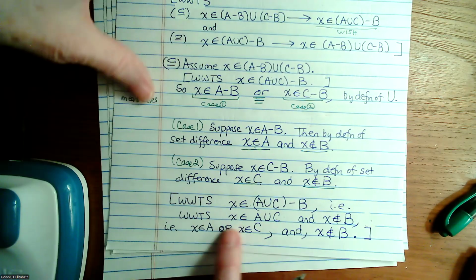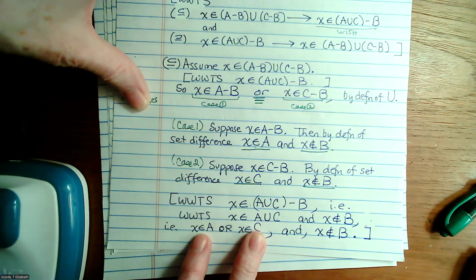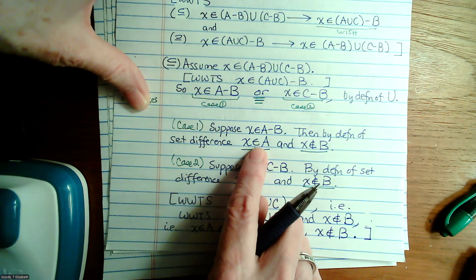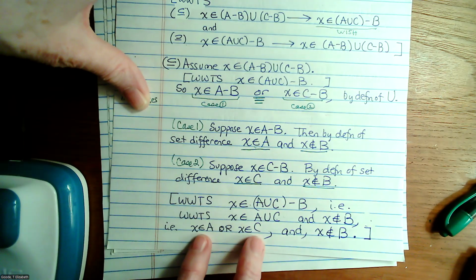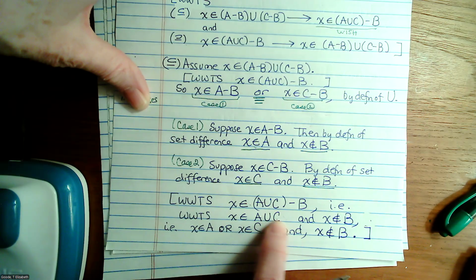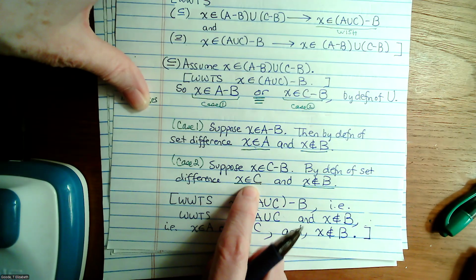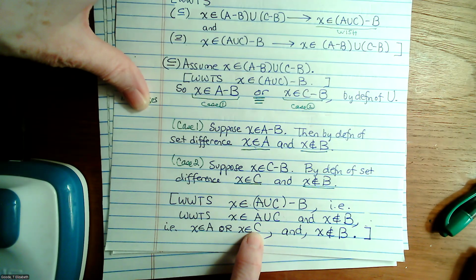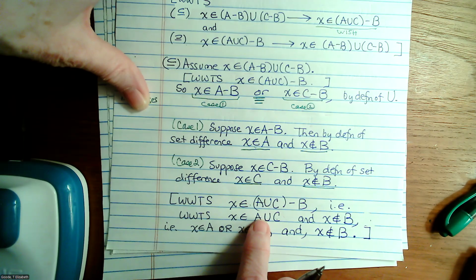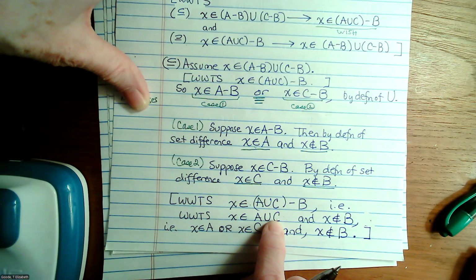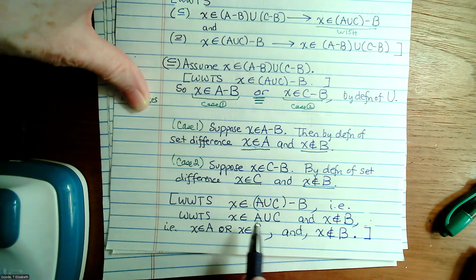We're already at this place because in case one, we have X is an element of A, so it's going to be in A union C by definition of union. In this case, we have that X is in C, so X is in A union C by definition of union.